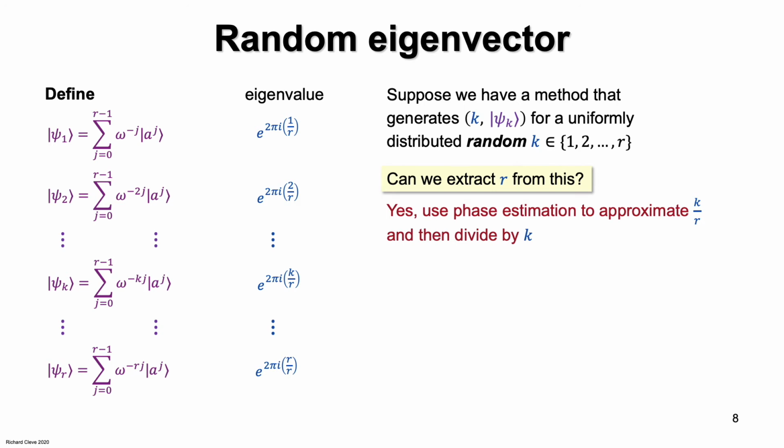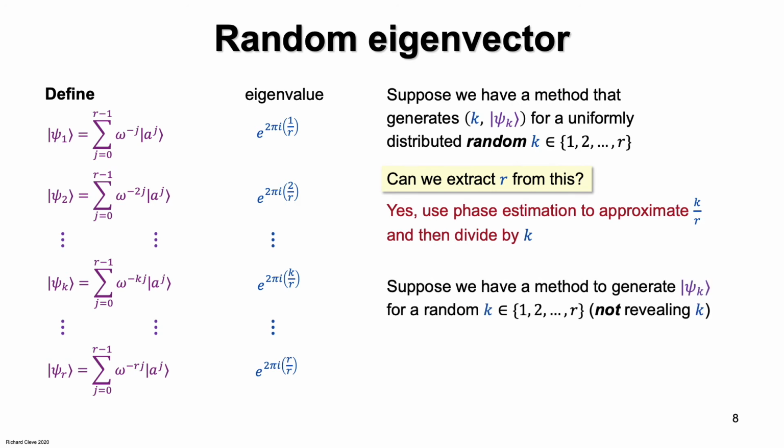Now, let's change things slightly. Suppose we have a way of generating a random psi k, but without the k. So we're supposing that we have a procedure whose output is a random psi k, uniformly distributed among the r possibilities, but where the procedure does not produce the value of k itself.